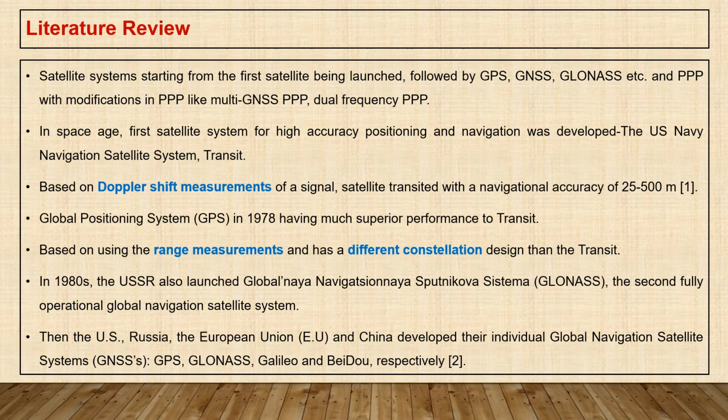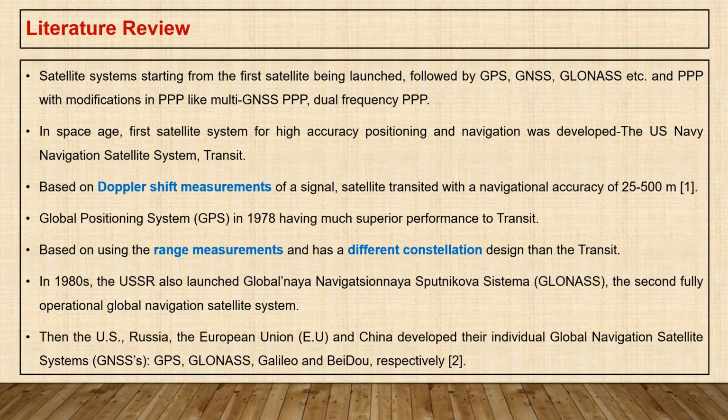Now, to have a good grip on the technicalities of a research project, it is very important to carry out a systematic literature review and know each and every term and concept associated with the project. So, in the space age, the first satellite system for high accuracy positioning and navigation was developed by the US Navy, called Transit.